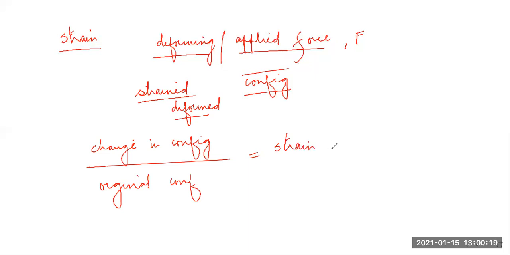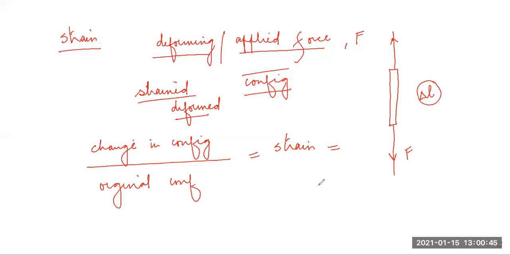What about units of strain? Let's say the configuration is changing in terms of length, as it was the case in, let's say, tensile forces. Tensile forces F are acting on this bar. So the length of the bar changed by delta L, which was positive.